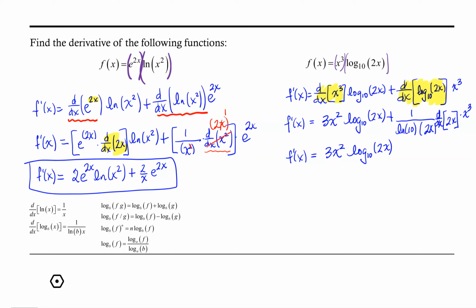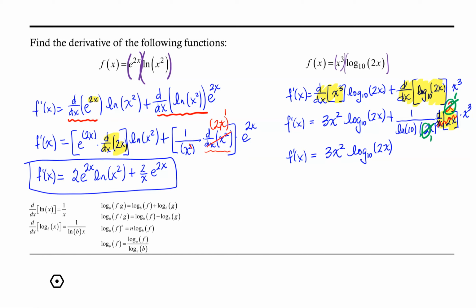And now when we take the derivative of our argument, our 2x, notice that that is going to give us simply a 2. And now notice that we have a 2 in the denominator and a single 2 in our numerator. And we can actually simplify that 2 out of both the numerator and the denominator.